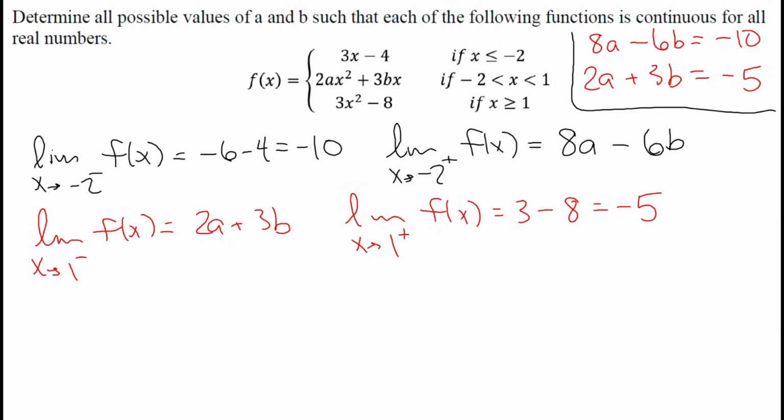And so what we'll want to do here is we'll just need to try to find a way to make these match up. I'm going to use a combination this time. So I'm going to keep 8a minus 6b equals -10. But if I multiply the second equation all by 2, we're going to get 4a plus 6b is equal to -10.